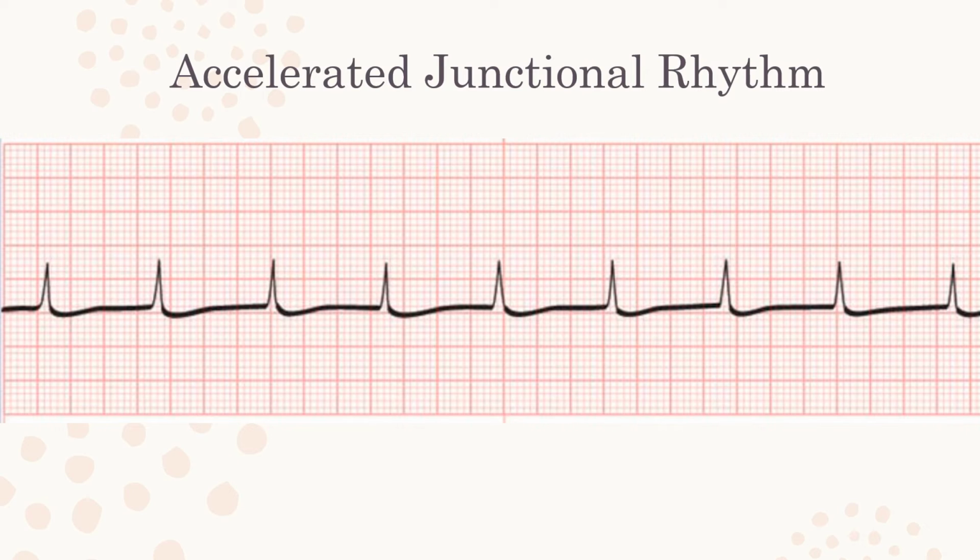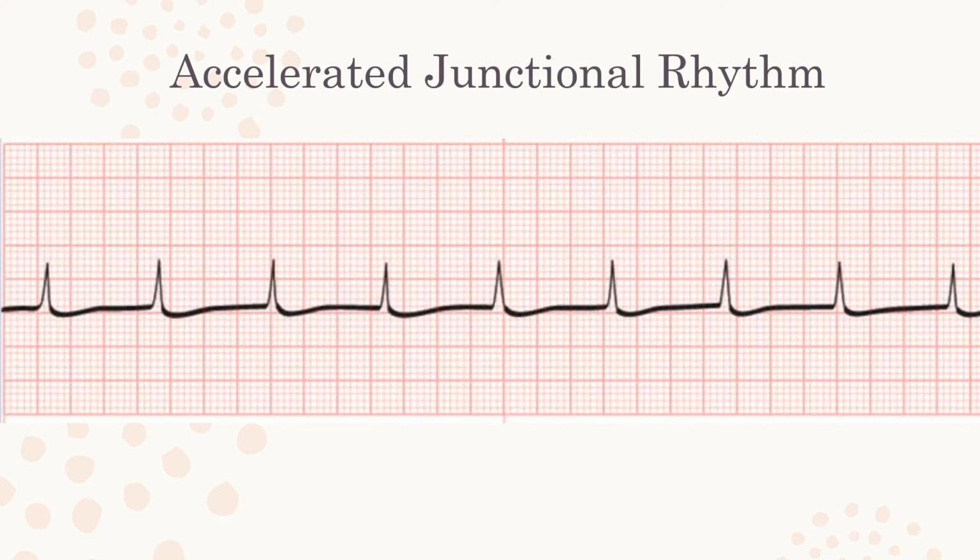With junctional rhythms, remember, our junctional rate is slower than our intrinsic sinus rate. So we have junctional rhythm at 40 to 60. Accelerated junctional is going to be from 60 to 100, and then junctional tachycardia is going to be over 100, basically.